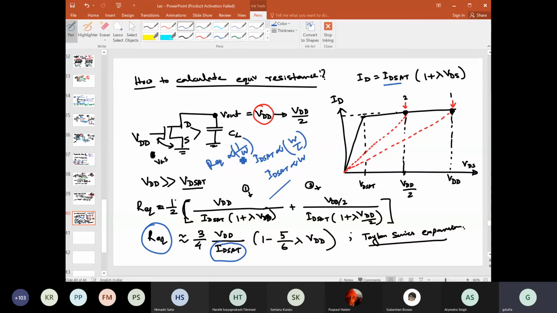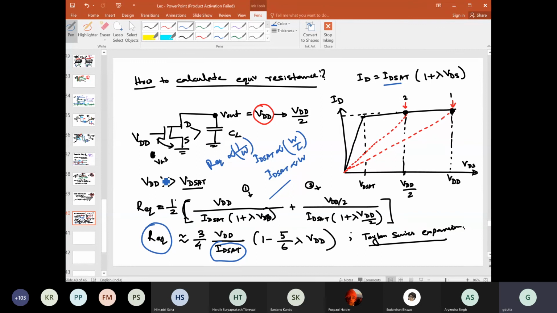So this is an important understanding from here: you can change the resistance offered by a MOSFET by changing its width. So you can see that there is a direct relation.